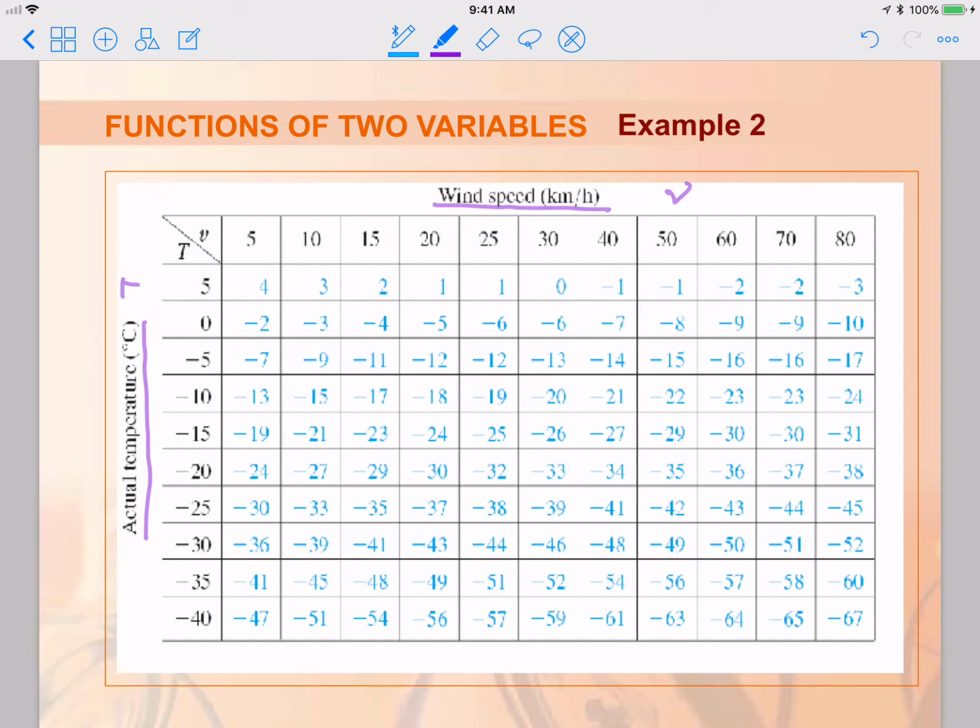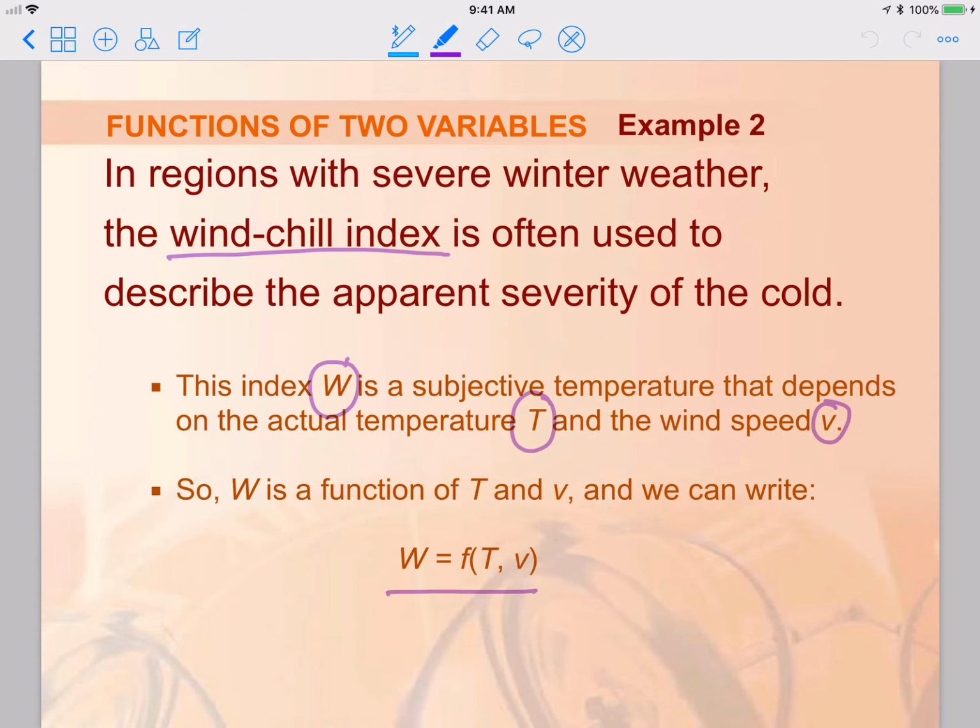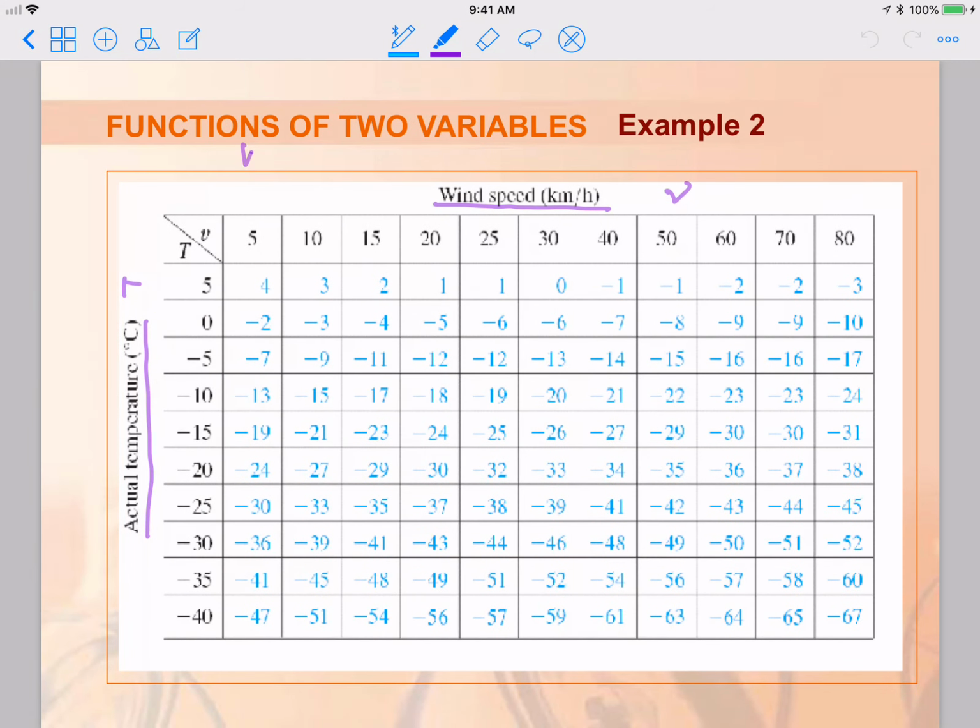That's our velocity, V. And so there's a chart that indicates the wind chill index. What is it called? The wind chill index, based on the actual temperature and the wind speed.